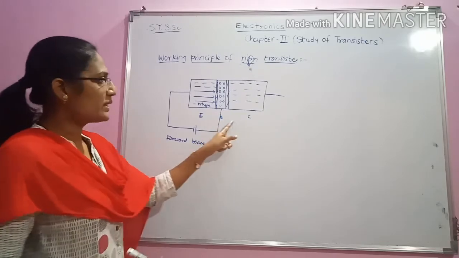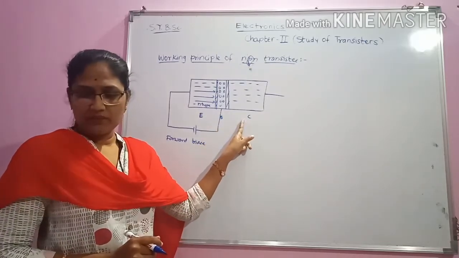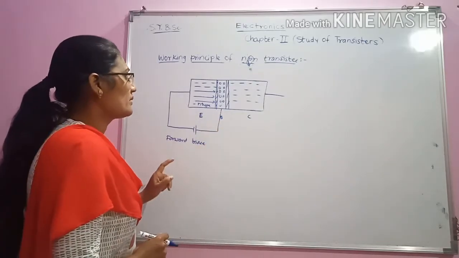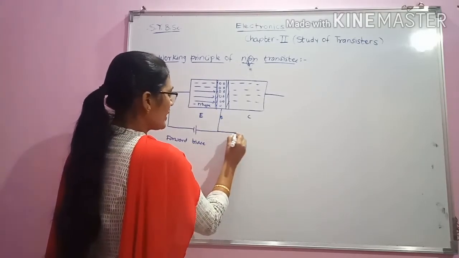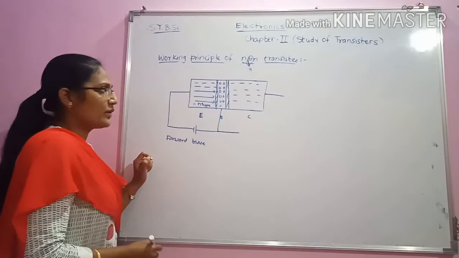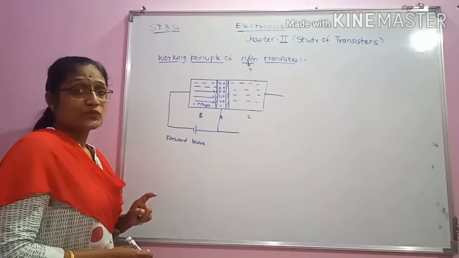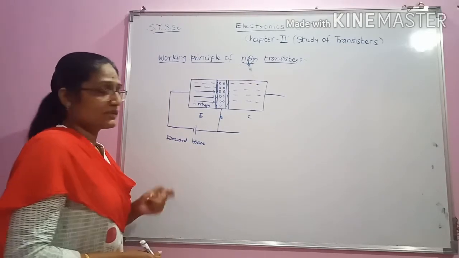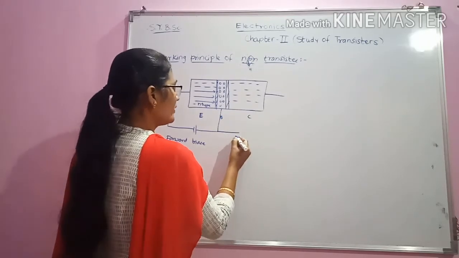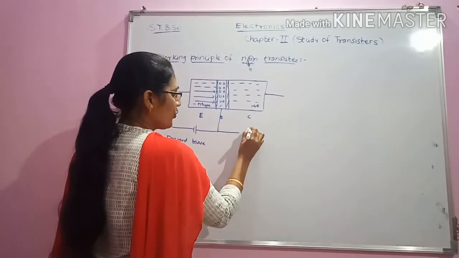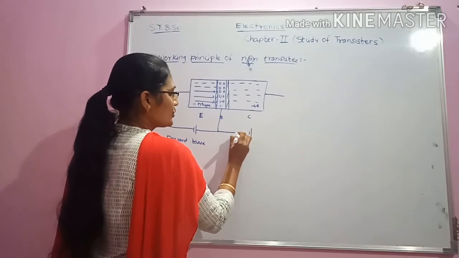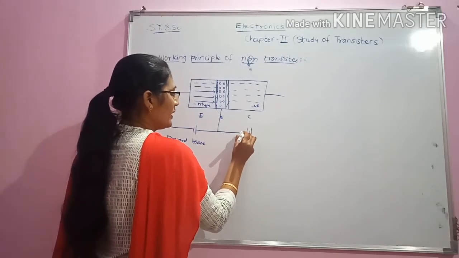Now, base collector junction is reverse bias. Therefore, in order to make it reverse bias, and we know that the reverse bias will have high resistance, here reverse bias means this portion is negative. Therefore, positive of battery should be like this.